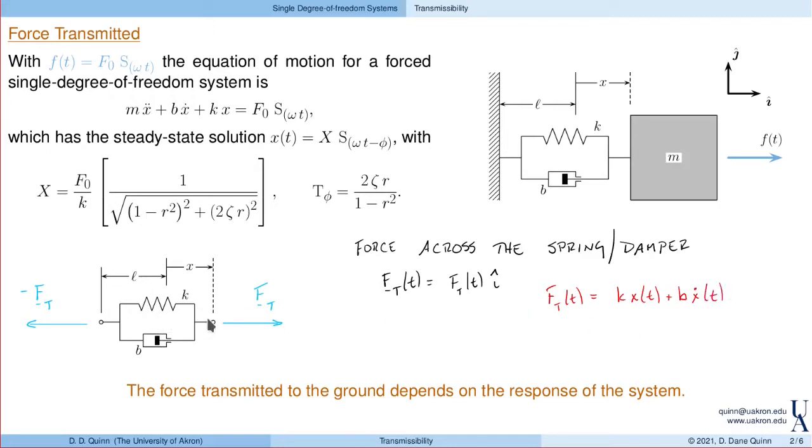Again, for the spring, the force is k times x, and for the damper, it's b times x dot. Since these are parallel, they just add together. And again, this is the force transmitted to the ground.